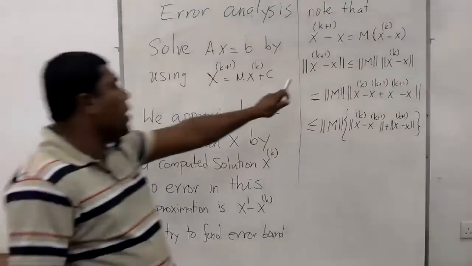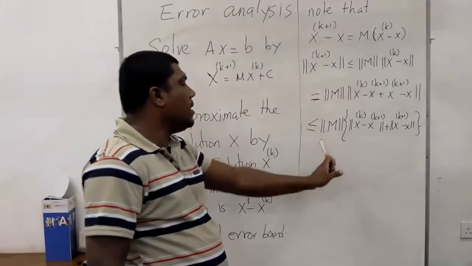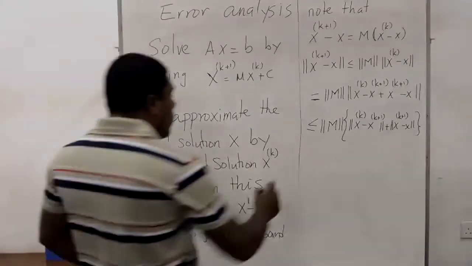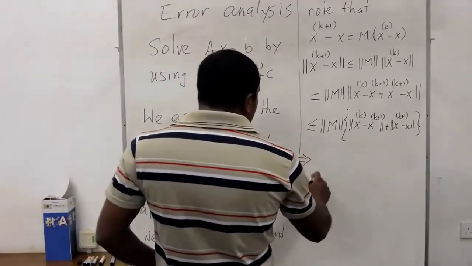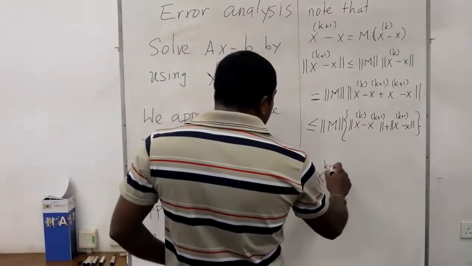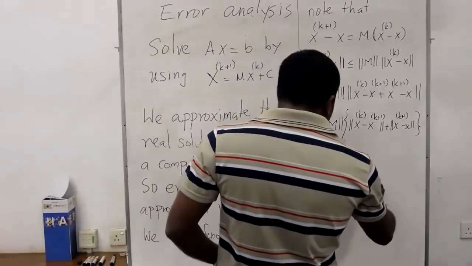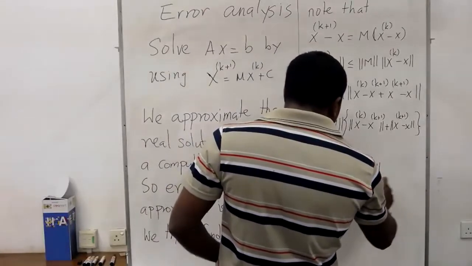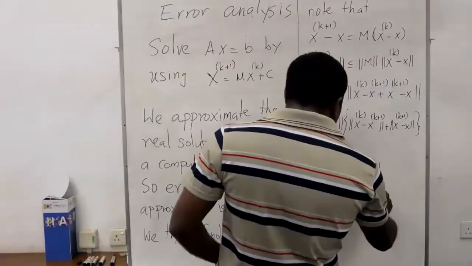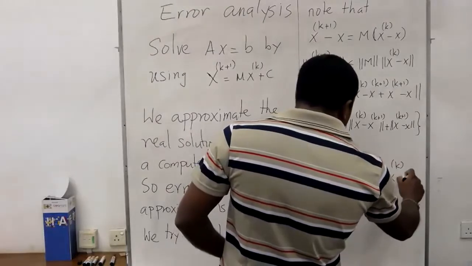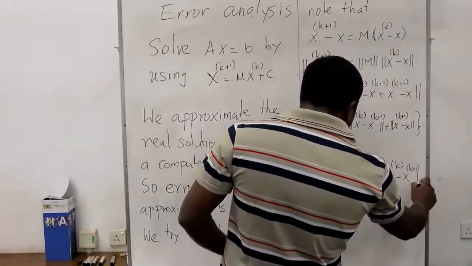So eventually what you get is norm of xk plus 1 minus x is less than or equal to this. Here you can solve this inequality for norm of xk plus 1 minus x. Once you solve this, you will end up with norm of xk plus 1 minus x is less or equal to norm of m over 1 minus norm of m times norm of xk minus xk plus 1.